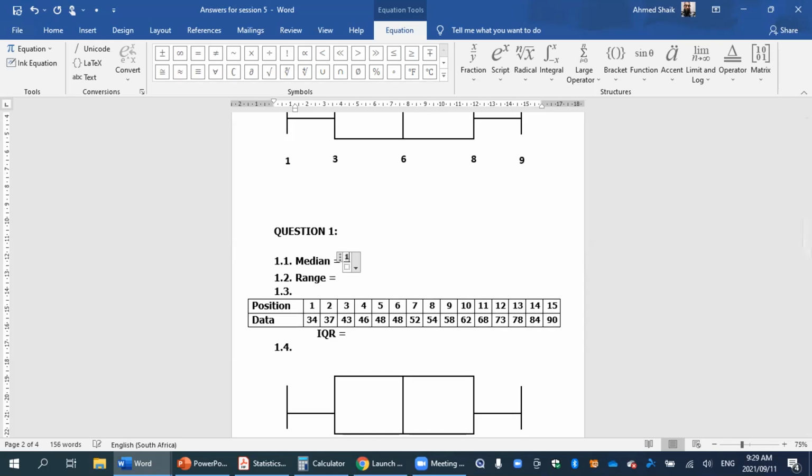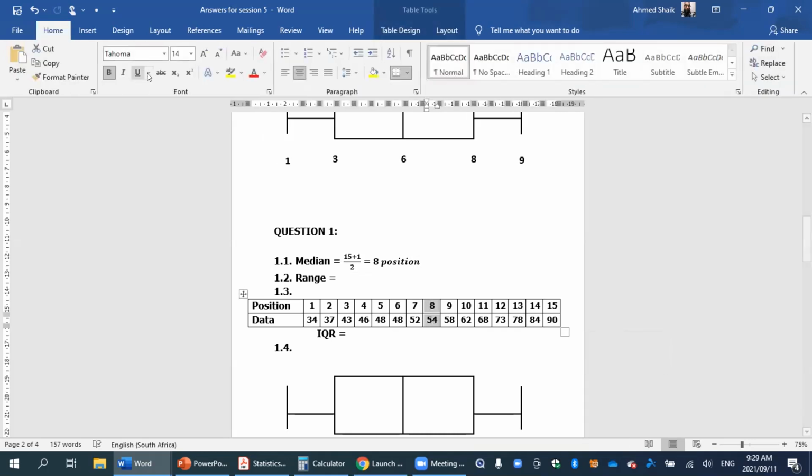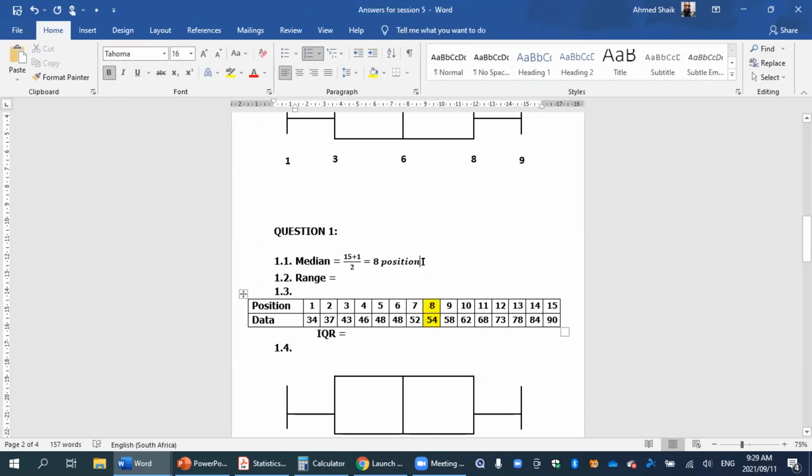So it's going to be 15 plus 1 divided by 2. And that is 16 divided by 2, which tells us it's the 8th position. And if we go to the 8th position, we can see that it equals 54. And that should be the median for our data set.